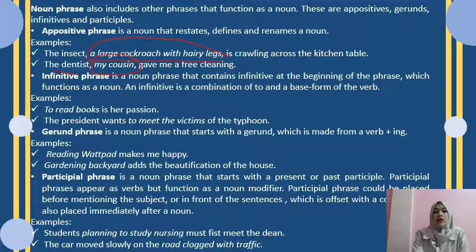The example: to read books is her passion. To read books is a noun phrase that functions as an infinitive phrase because of the word to, and read is a base form of the verb, and books is the noun.